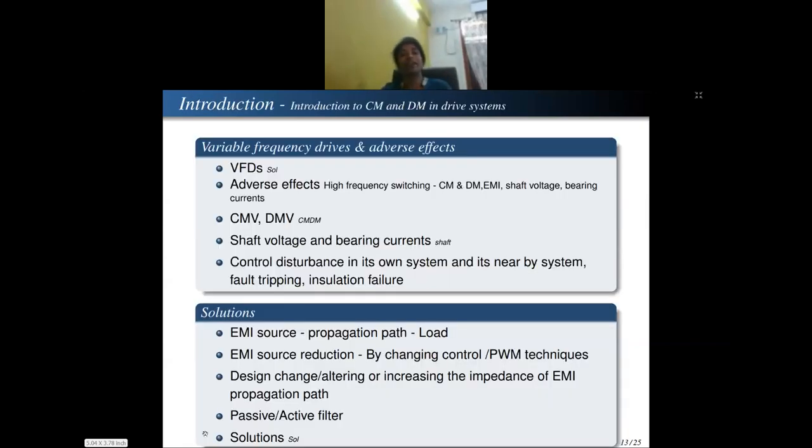Okay, what are all the adverse effects? The benefit of this is, say in industrial applications, you can save lots and lots of energy. Almost 40% of the energy produced is used for industrial processing, and now it has started even for electric vehicles and others.